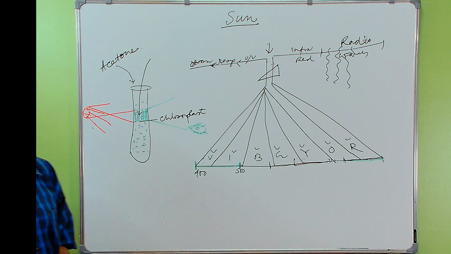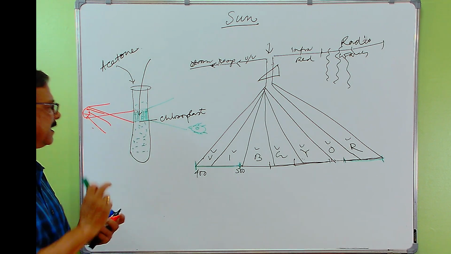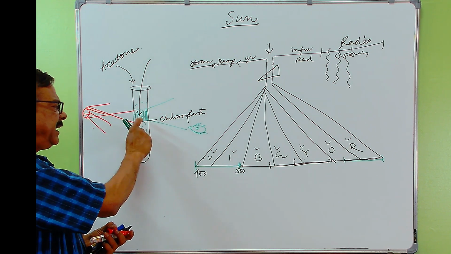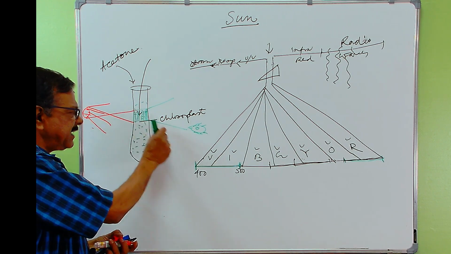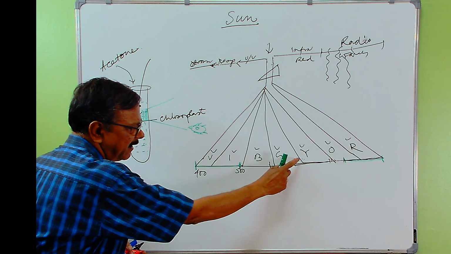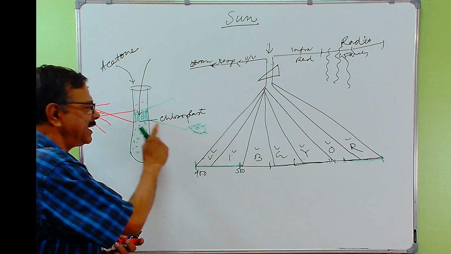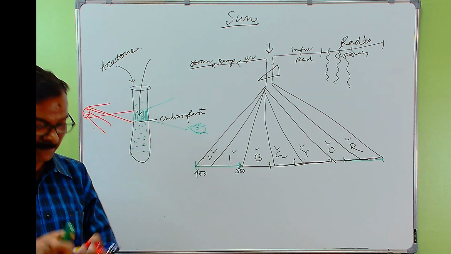It means that the chloroplast inside it reflects the green light. So the chloroplast appears green.